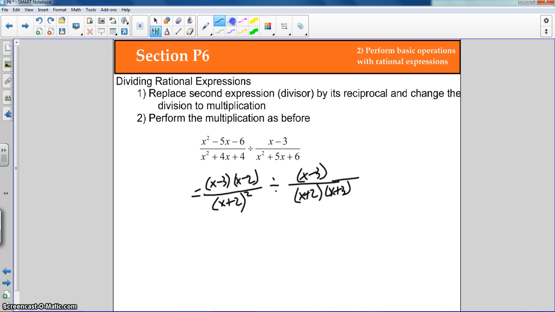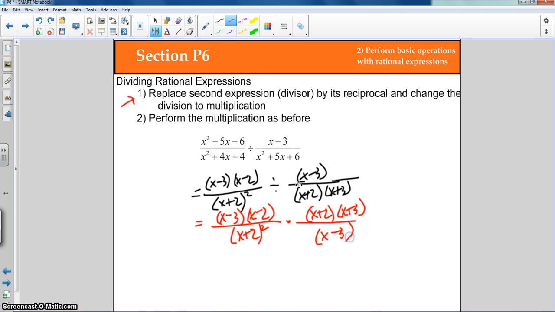Alright, so now I'm going to do step 1, which is to change that second one to multiplication by the reciprocal. So let's see, the first one remains unchanged, x minus 3, x minus 2 over x plus 2 quantity squared. Now times, and the numerator is now x plus 2 times x plus 3, all divided by x minus 3.